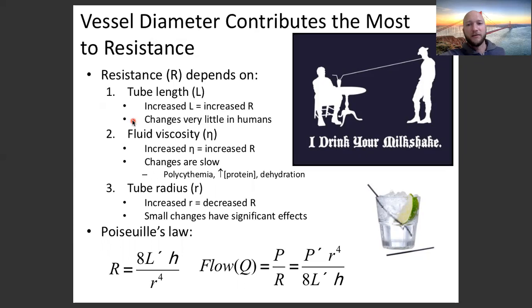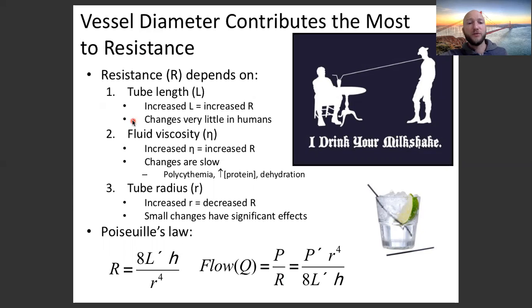Doesn't work like that. You put on 10 pounds, absolutely you're going to have a longer tube system. You're going to have to grow new vessels to accommodate those extra pounds. But it's not quick.